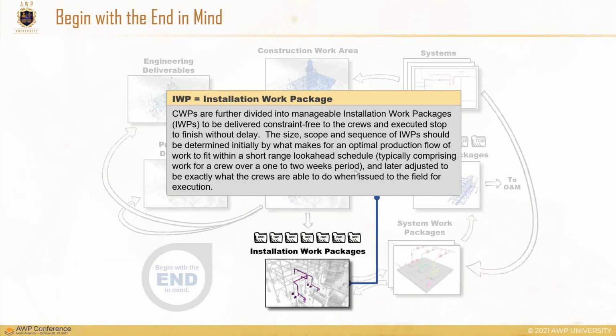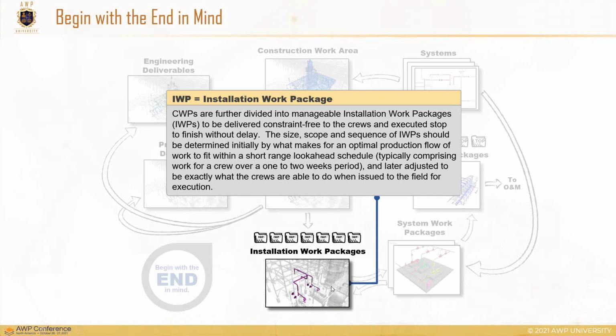Now, bringing it back into how it's affected by the rest of the packages. Of course, all the other packages that we were talking about affect the CWP execution dates, the schedule nodes, those level 3 activities directly tied to that IWP. And as we said, an IWP does not cross the boundaries of its parent CWP.